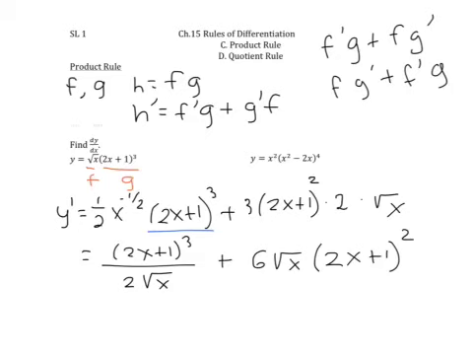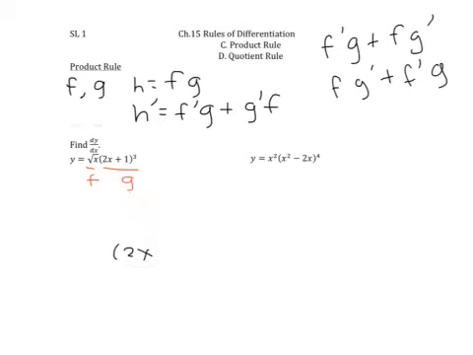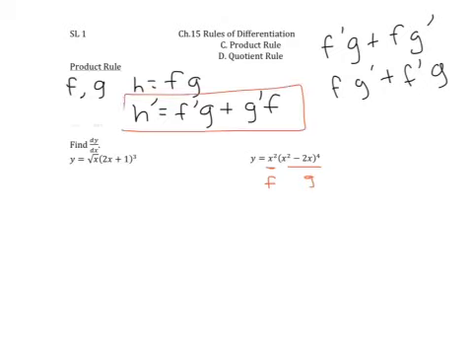Then let's look at the second problem. It looks somewhat similar to the problem that we just did. Let's see. First, let the first function of x be my f, and then the second function over here be my g. So then I'm going to use the same formula in here.